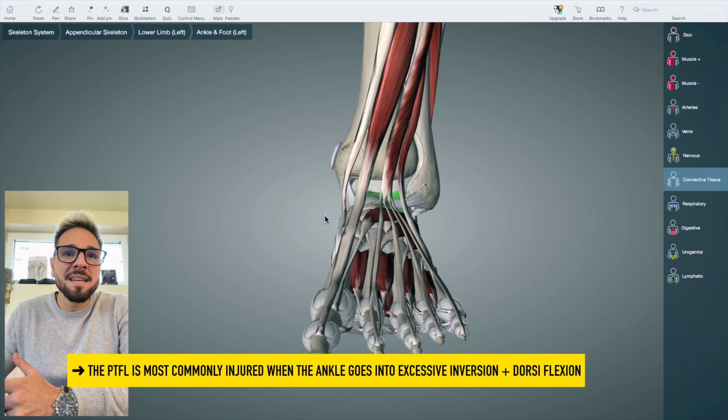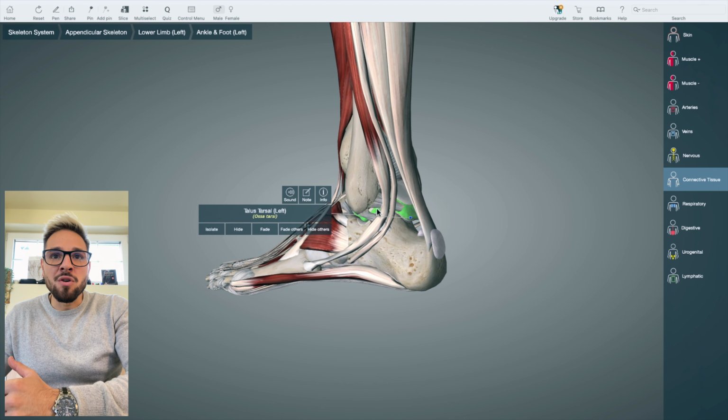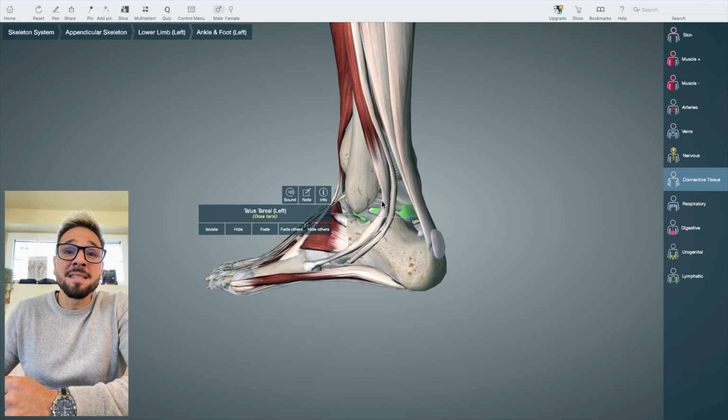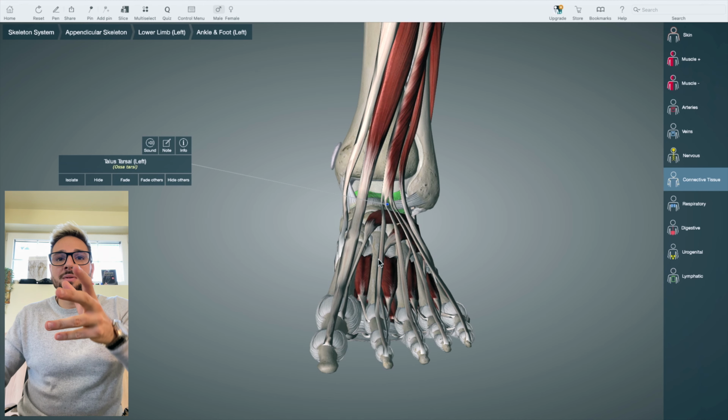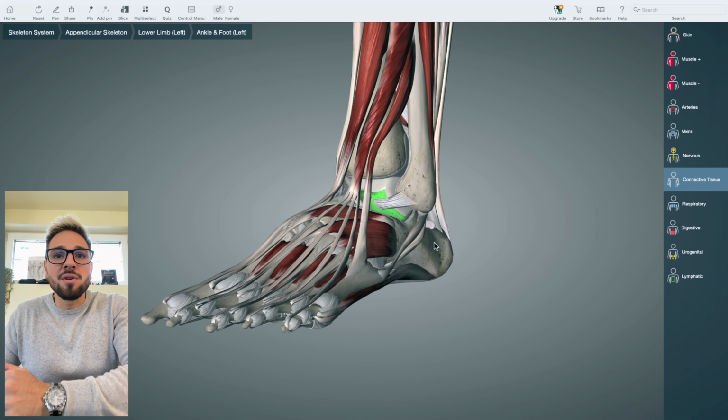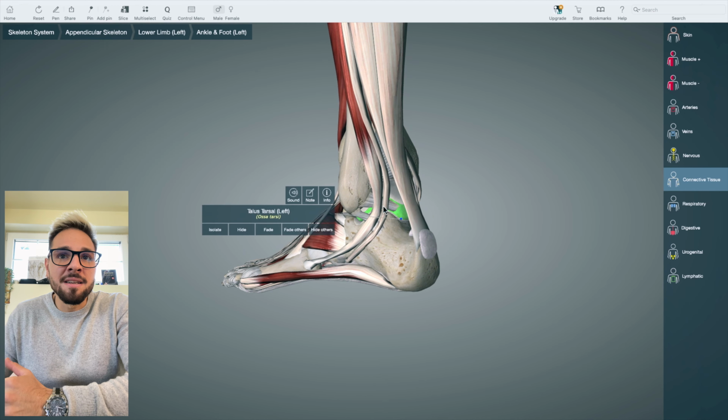Imagine the entire foot moving in and creating a lot of force for you to really injure this, and in that dorsiflexed position. So when you're creating the inversion, when the foot goes inwards, it also needs to be in dorsiflexion, so you can essentially impact the posterior talo-fibular ligament, or the PTFL.